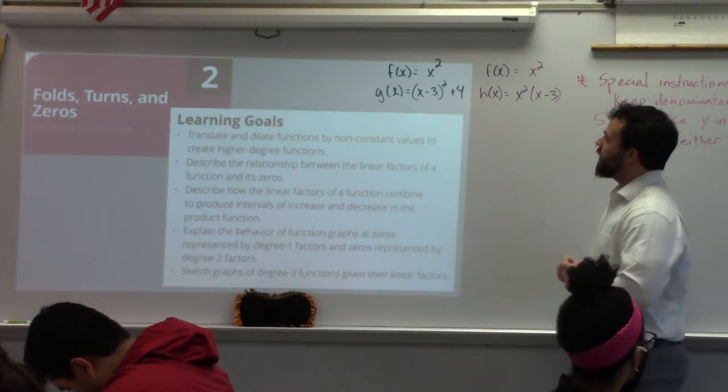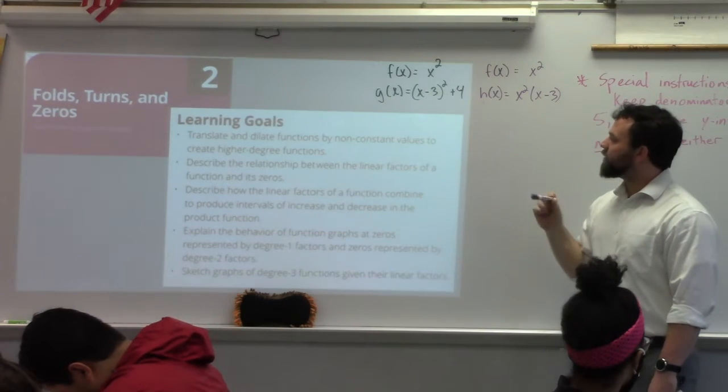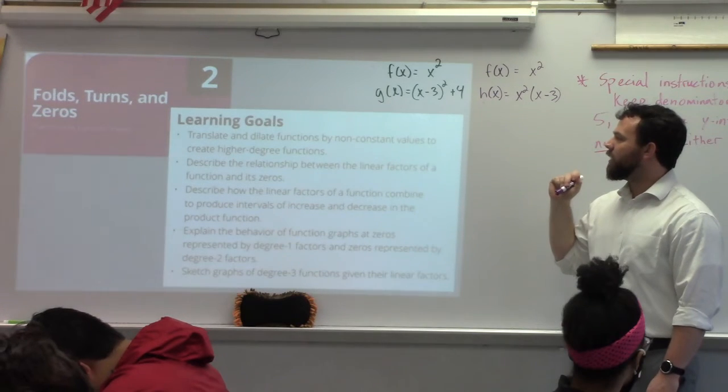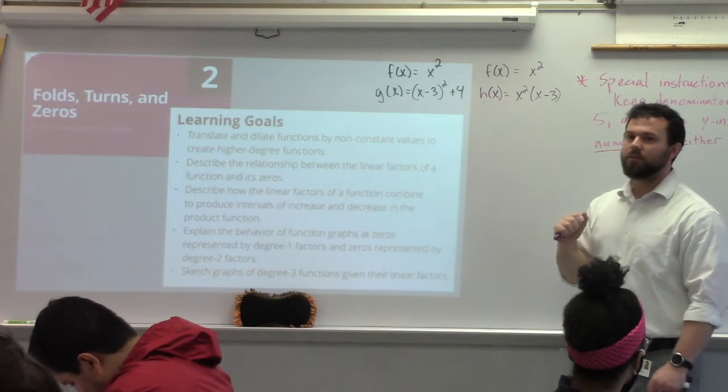Which of those is it, g of x or is it h of x, that is transformed by a non-constant value? H of x. H of x? So that's what Jaden said?